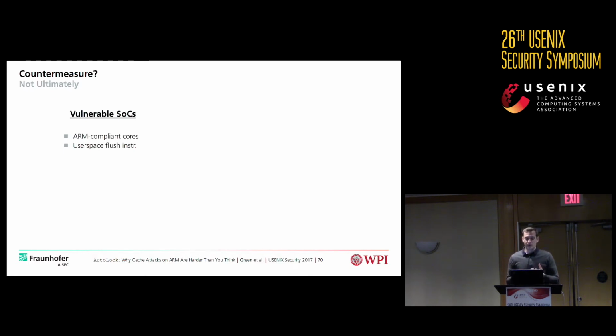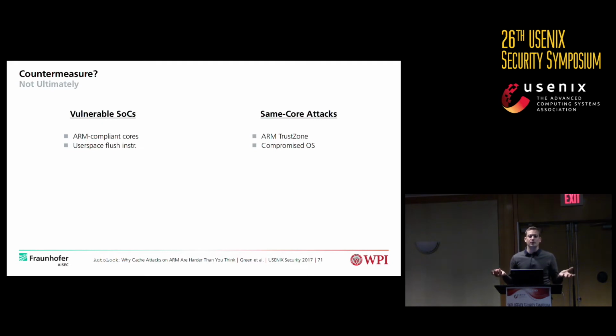First of all, let's recall that we still have a number of chips that either do not feature AutoLock, for instance, the ARM-compliant cores that we tested, or where you can simply use user space flush instructions to do attacks. Second of all, same core attacks are still possible too. Let's just think of an ARM TrustZone application in a compromised operating system.